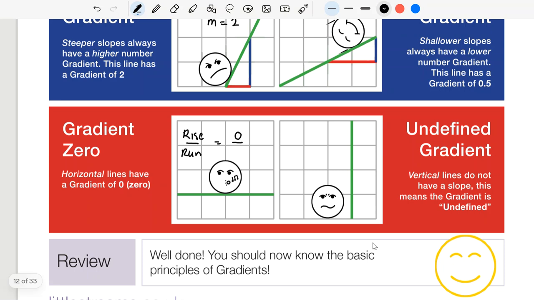What's the run? Well, 4 in this case, but infinitely, yeah? So we have 0 divided by something. The answer is always 0. Okay? So if I've got a horizontal line, that's the new thing now, the gradient is 0. It's just a completely flat, level line.